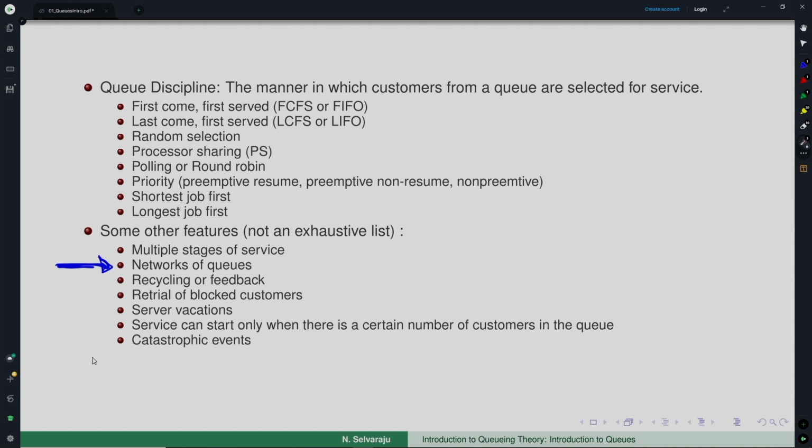How it is decided again has variations. These are all some other features. It is not just all, there could be many different features that you need to describe. So, it all boils down to observing the system and describing whatever is required to describe that system. The main essential features you need to describe to characterize the queuing system, and based upon that the analysis has to begin. So, that is what it is, okay.